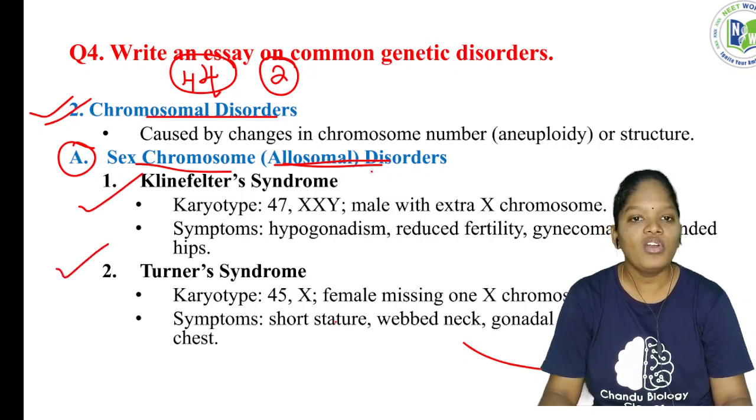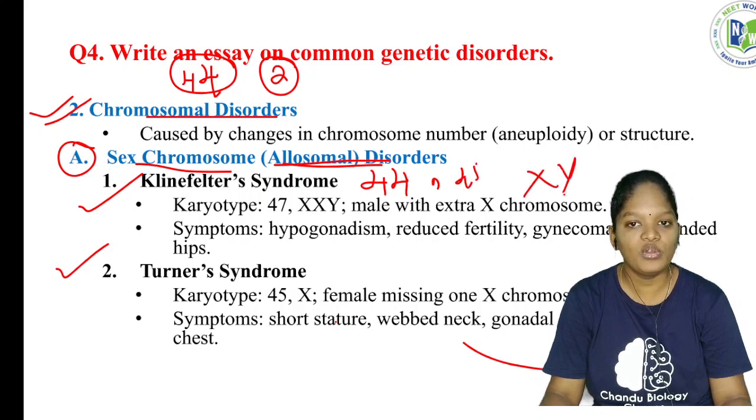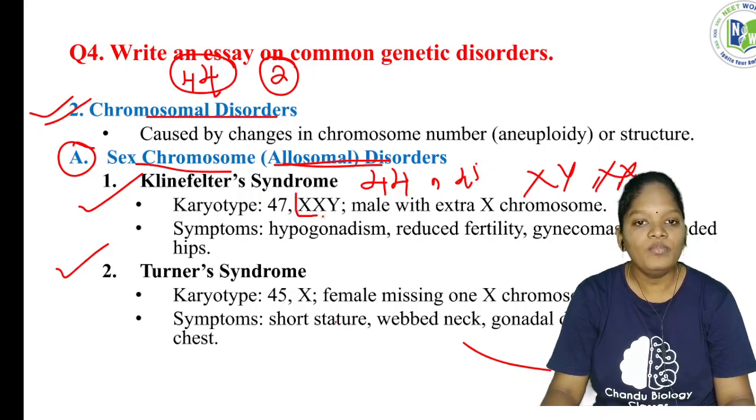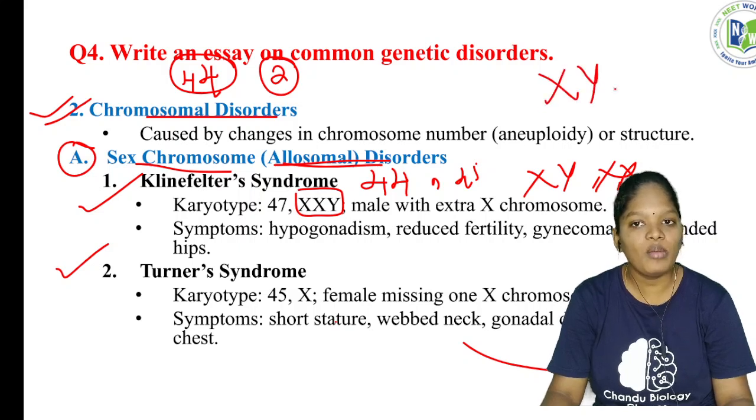The 44 chromosomes are normal in Klinefelter syndrome, and in the 45th and 46th, the X and Y chromosomes, what is the condition? Here it will be XXY. We can't say whether it is a proper male or a proper female.